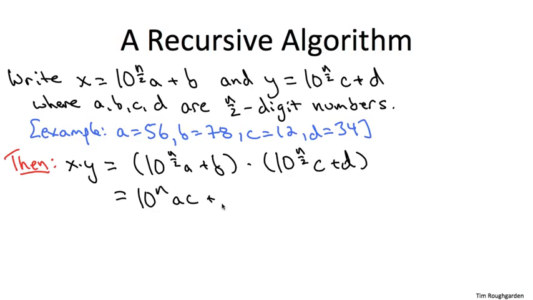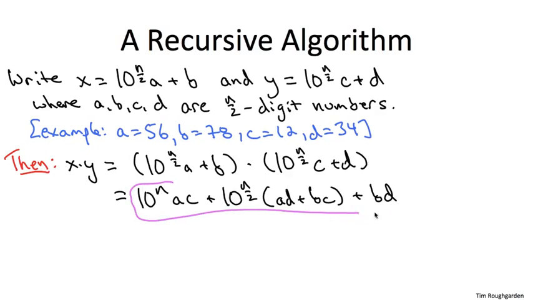We have a term that's shifted by 10 to the n over 2, and that has a coefficient of ad plus bc. And bringing up the rear, we have the term b times d. We're going to be referring to this expression a number of times, so let me both circle it and give it a shorthand. We're going to call this expression star.